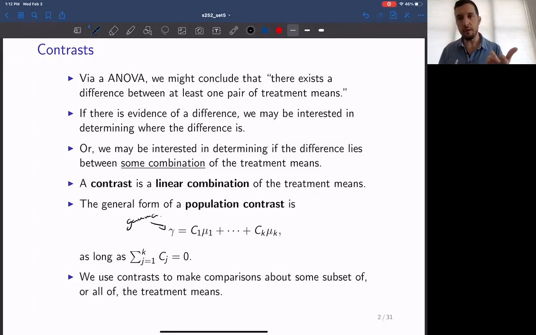The contrast also allows us to directly compare 2 means. So actually, the null hypothesis for the 2-sample t-test, and what we're going to see in a little bit, multiple comparisons, are really just special kinds of contrasts. So the contrast is the general structure for comparing multiple population means in one hypothesis test.